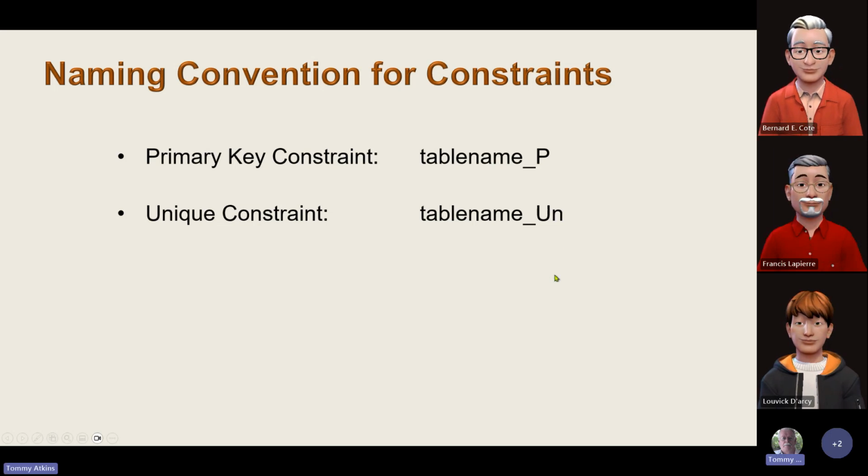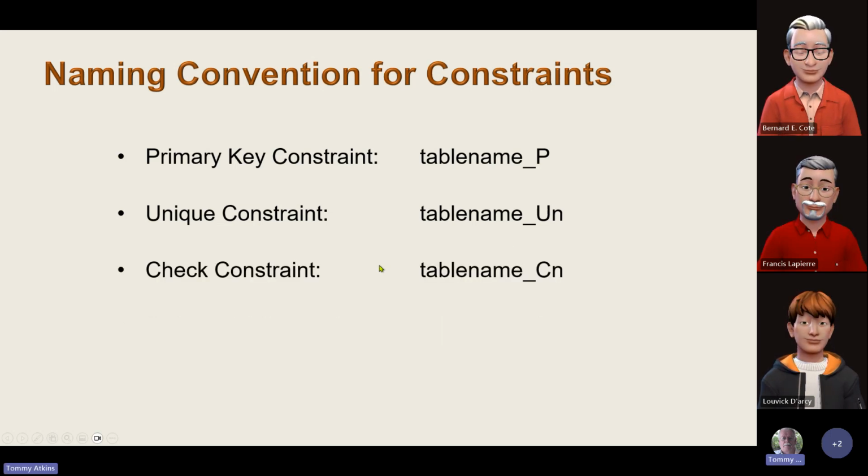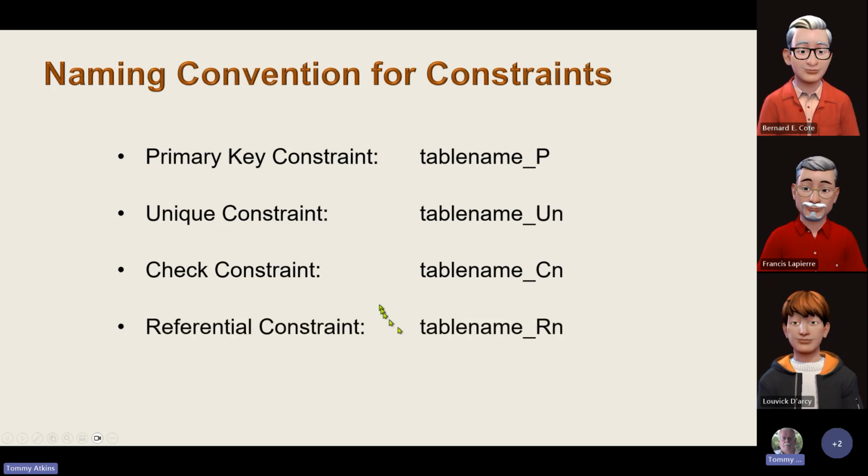I have never ever had to use more than 2 as far as I know. So, but it does indicate that you can have more than one unique constraint on a file. Check constraint, CN logically, and referential constraint RN 0 to 9.